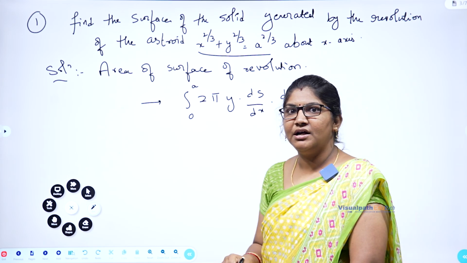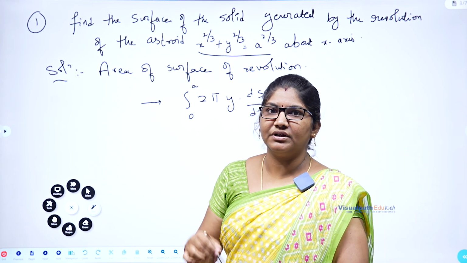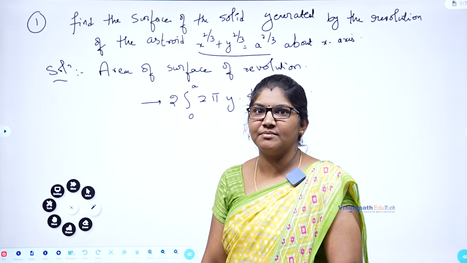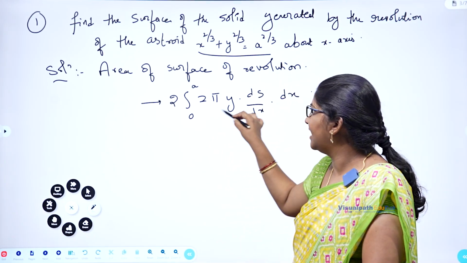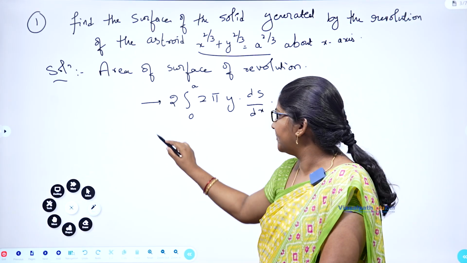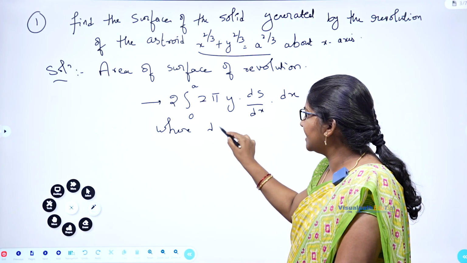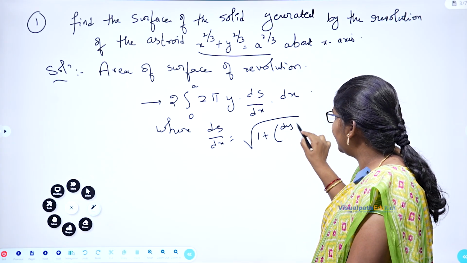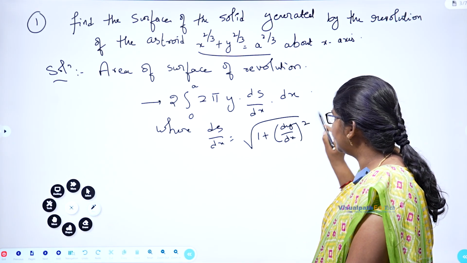This is the formula. Here the area will be 2 times 2 integral 0 to a 2 pi y ds by dx into dx, where ds by dx is under root 1 plus dy by dx whole square.